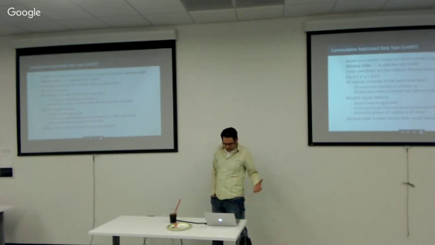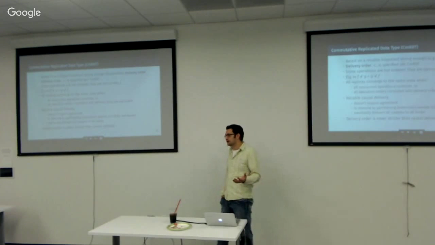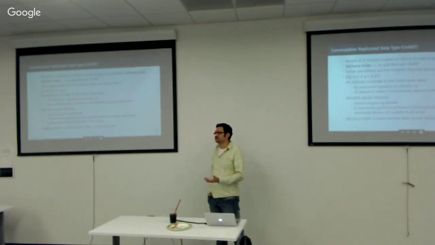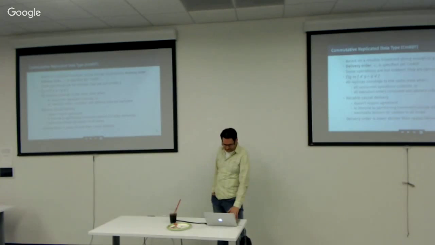And so the delivery order requirement for commutative replicated data types is never going to be stricter than this causal delivery model. Sometimes it's weaker than that, depending on the data type. And some of them that we'll look at don't have much of a delivery order at all, because all of the operations commute. But that's kind of a worst case, is you may need causal delivery.